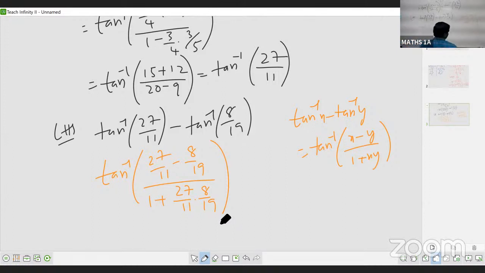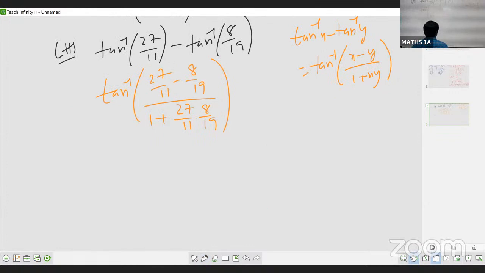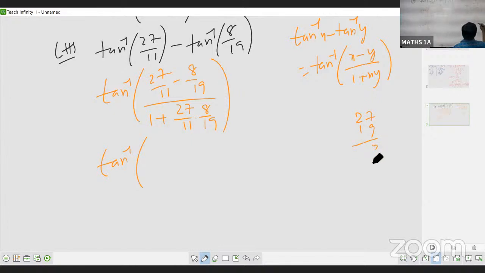Now start simplifying this. That is tan inverse of 27 into 19. 9 sevens are 63, 9 twos are 18, 1 seven is 7, 1 two is 2, then 3, 11, here 1, okay, 1 3.